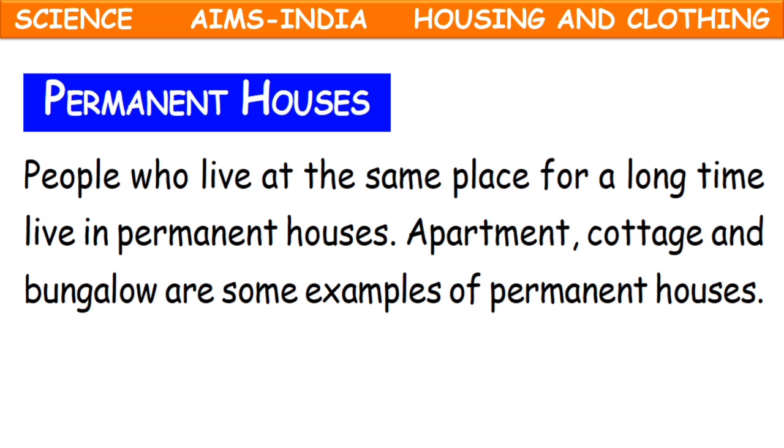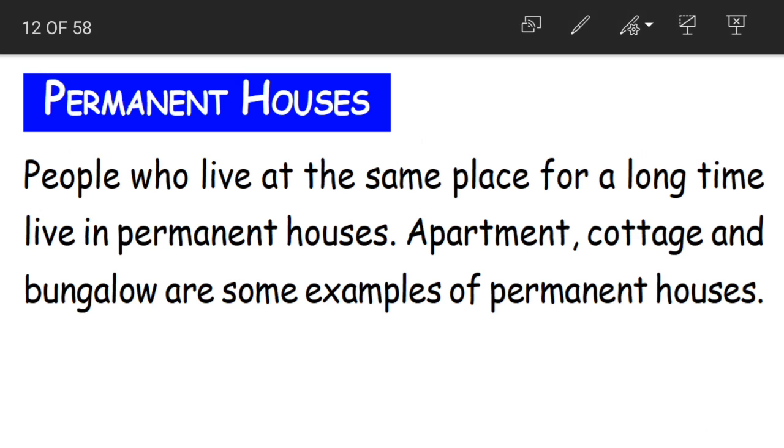Clear, children? Now, permanent houses. What are permanent houses? People who live at the same place for a long time live in permanent houses. Sometimes people live at the same place for years together.